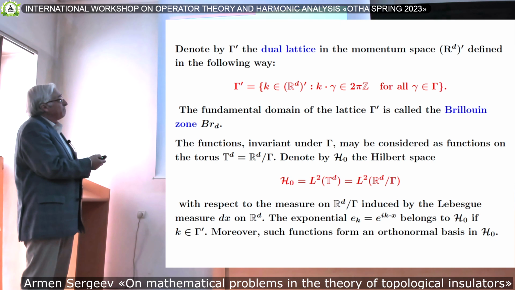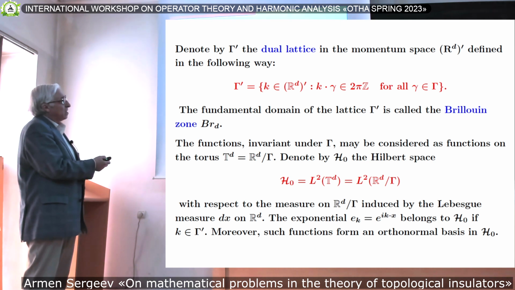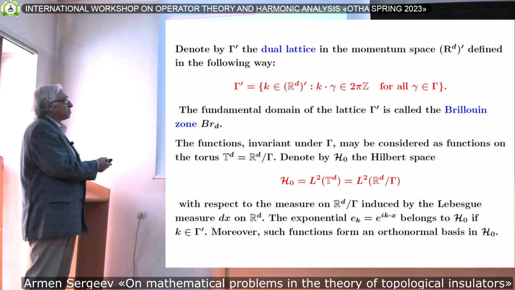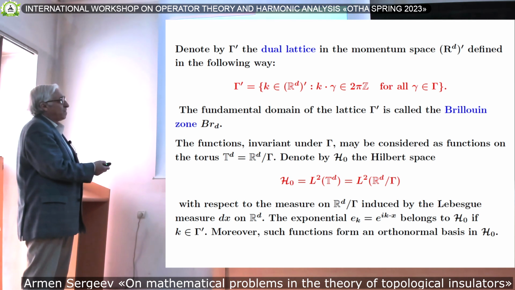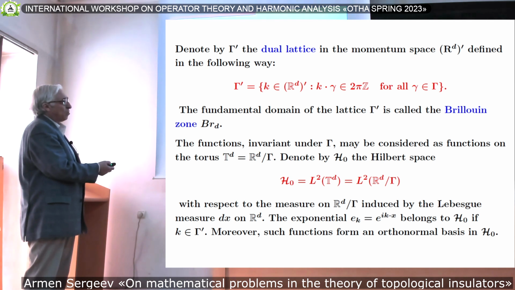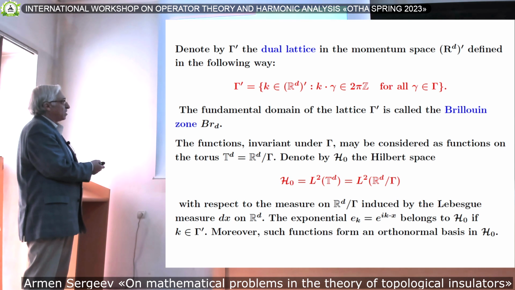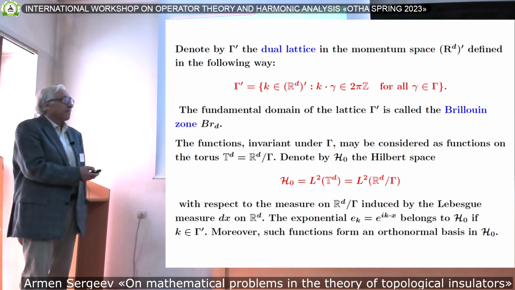The functions which are invariant under these translations may be considered as functions on the torus, which is R^d modulo gamma. Let us denote by H sub 0 the Hilbert space of L2 functions on this torus, with respect to the measure on R^d modulo gamma induced by the Lebesgue measure dx on R^d.